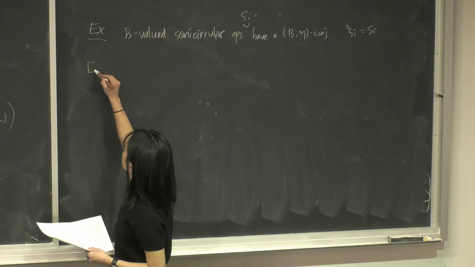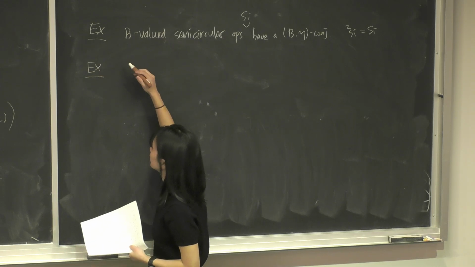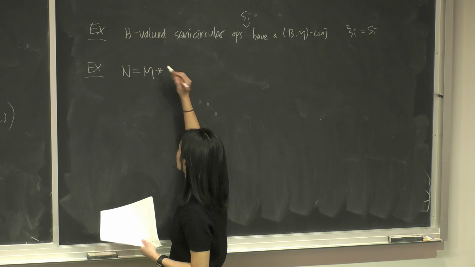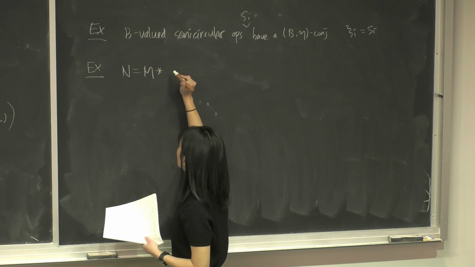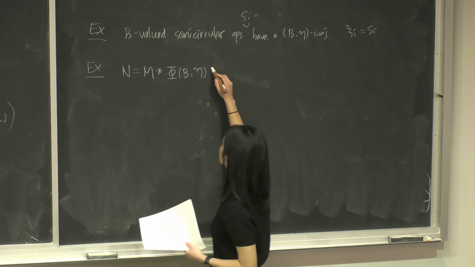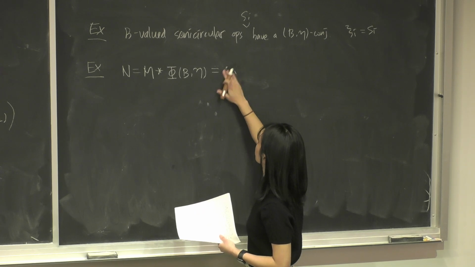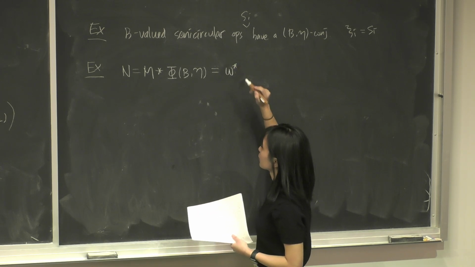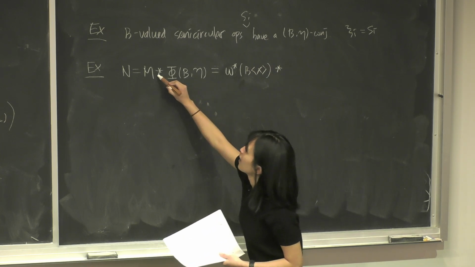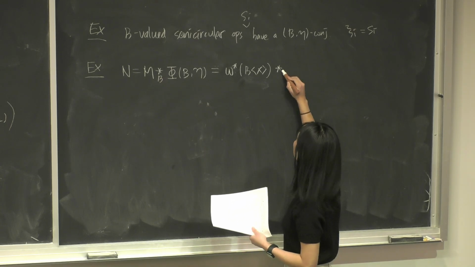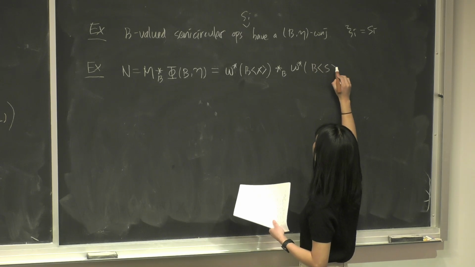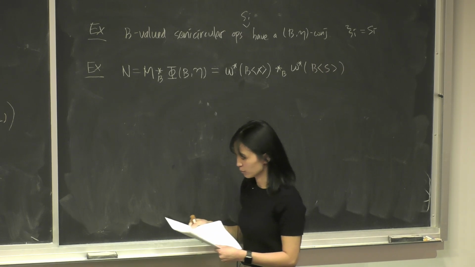And one other example is, let N be M free product with amalgamation over B of the von Neumann algebra generated by B and S, where S are a free semicircular family.